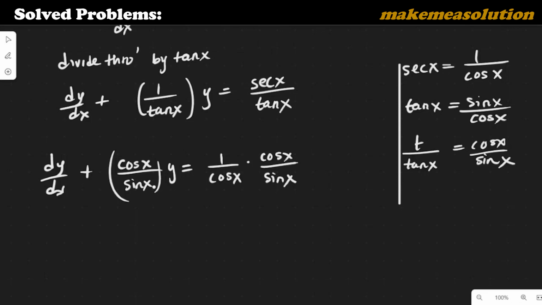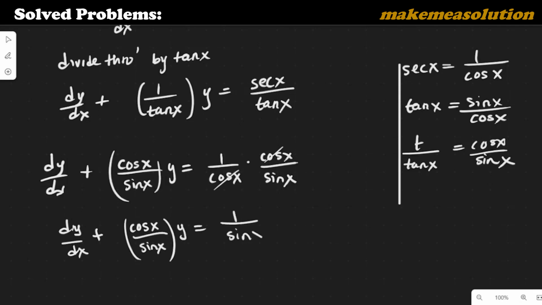So if we simplify, we're going to get dy/dx plus cos x over sin x of y is equal to 1 over sin x.